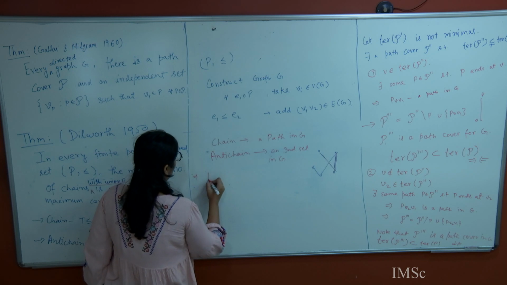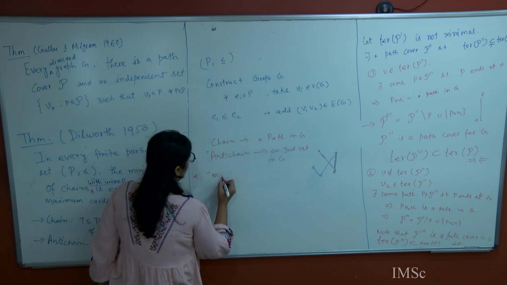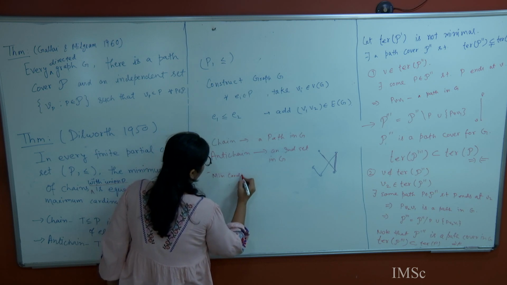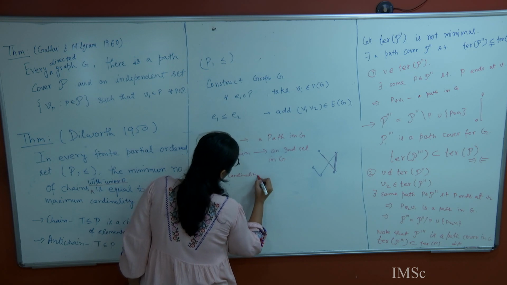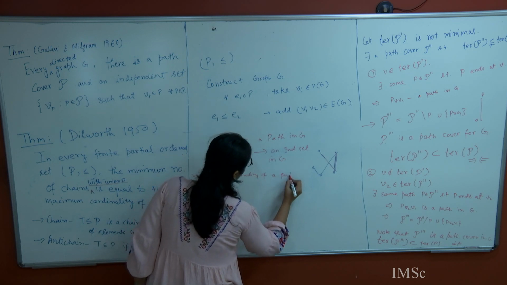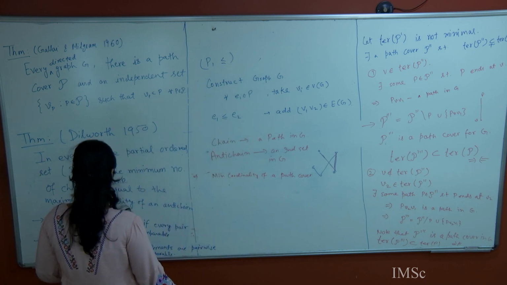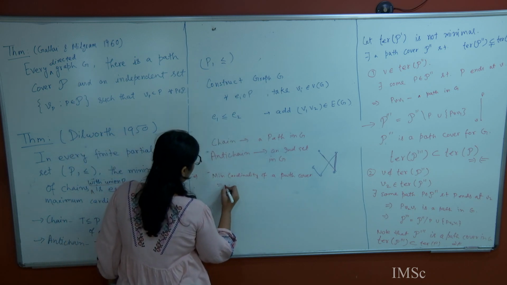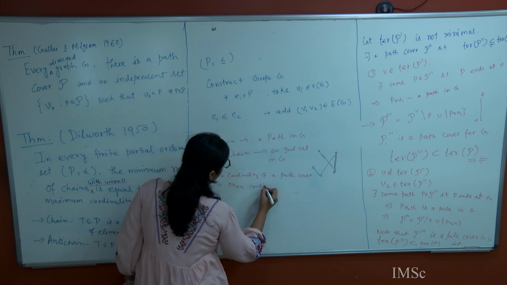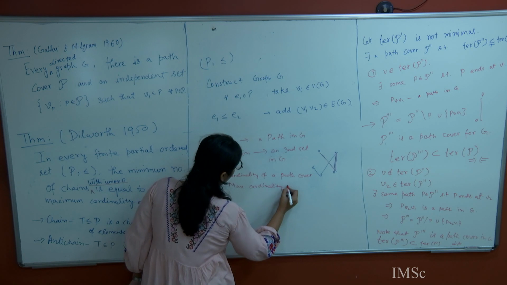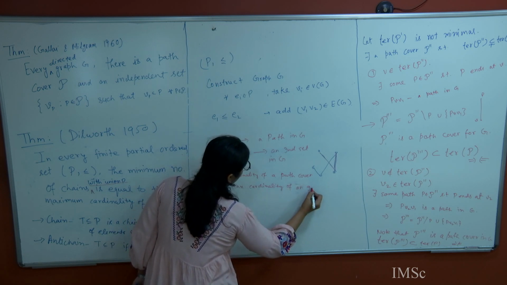So we are saying that the minimum cardinality of a path cover is the same as the maximum cardinality of an independent set.